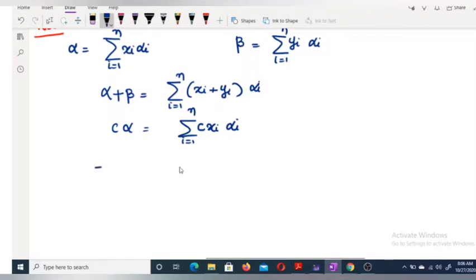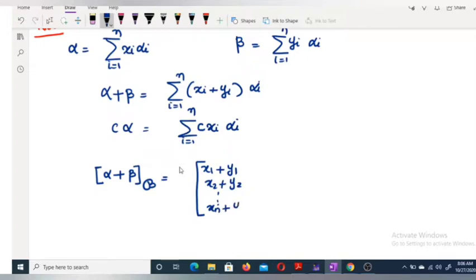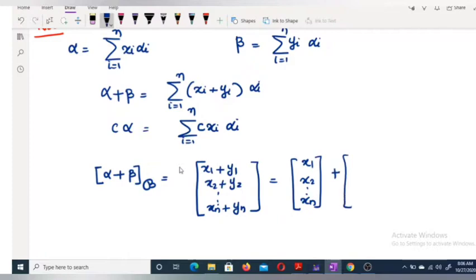So what about the matrix of alpha plus beta? The matrix of alpha plus beta relative to the basis B is x1 plus y1, x2 plus y2, etc., xn plus yn. And this is the same as x1, x2, etc., xn plus y1, y2, etc., yn.